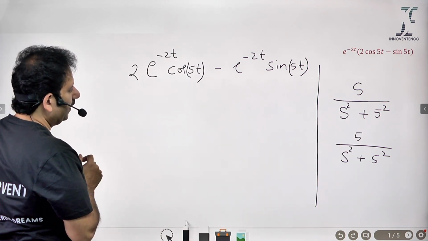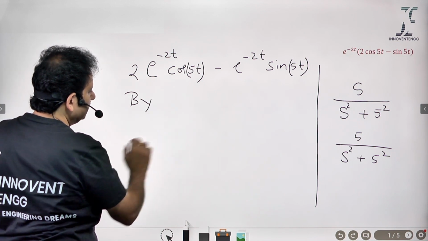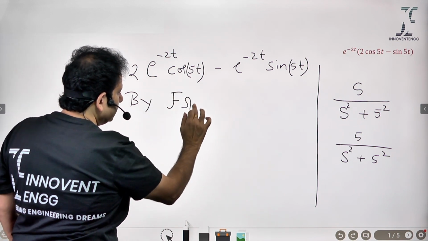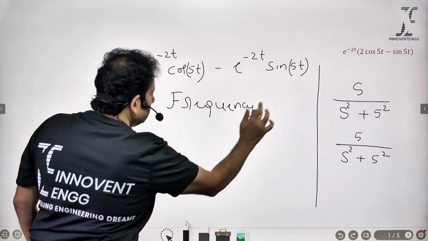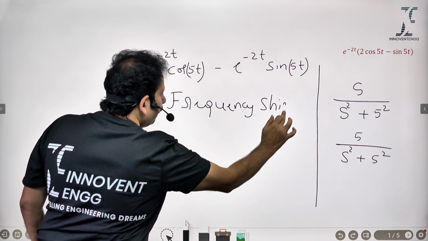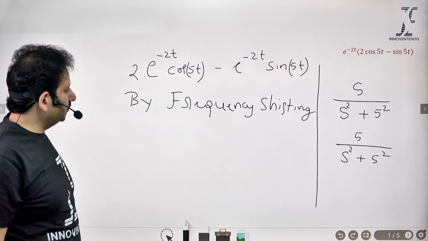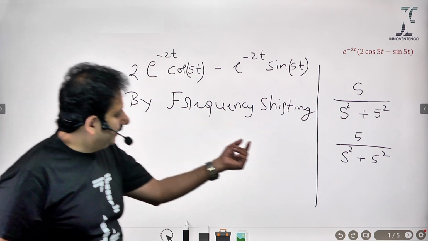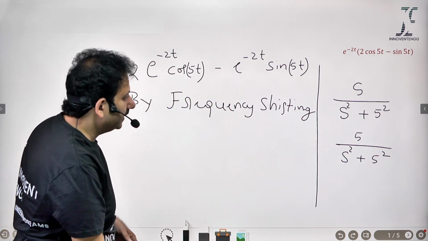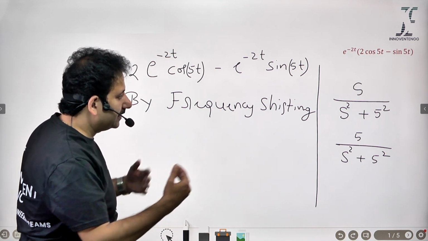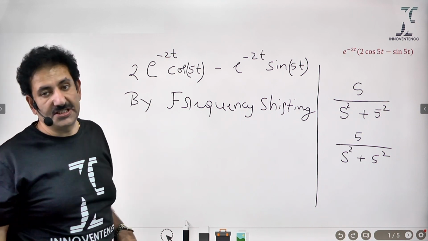Now how do you apply the shifting property? By frequency shifting. Why do I say frequency shifting? That is because s in the Laplace transform represents the frequency, and that frequency is increased or decreased depending on the coefficient of t in the exponential term.